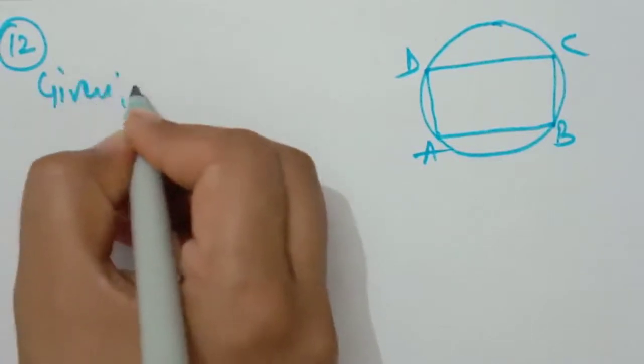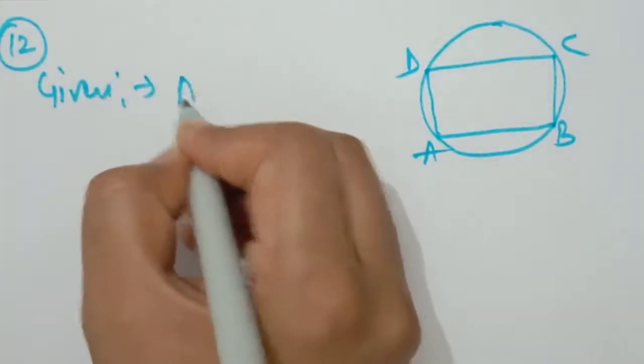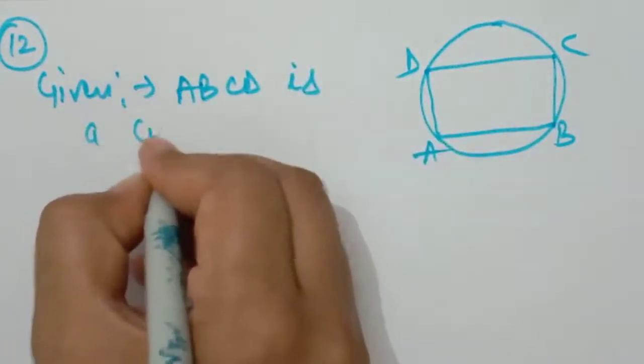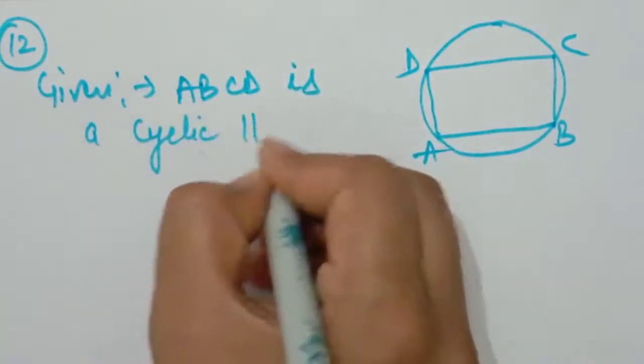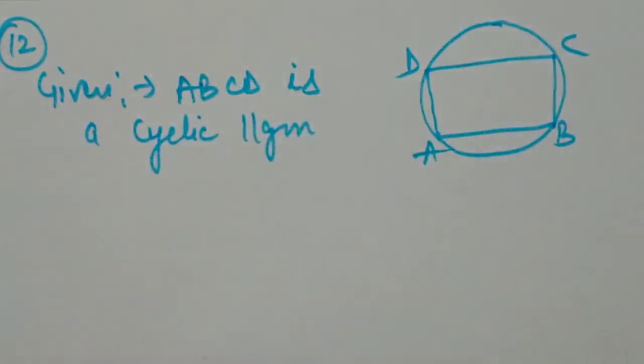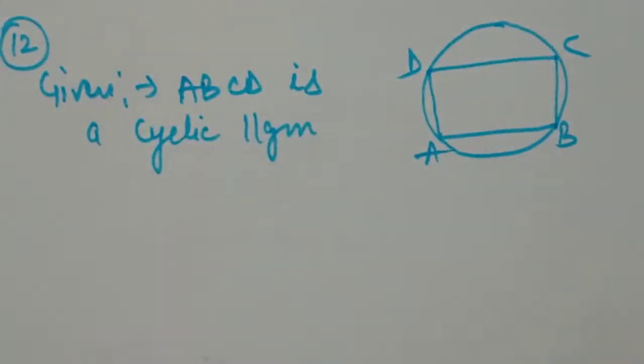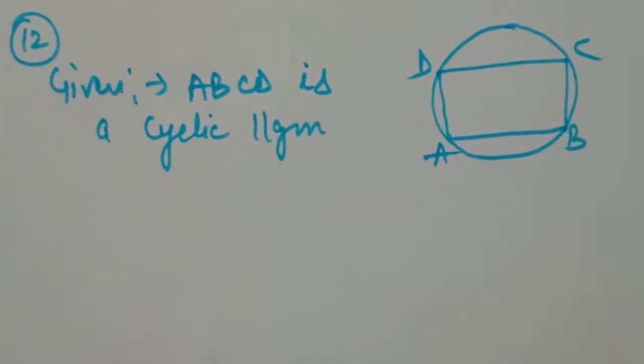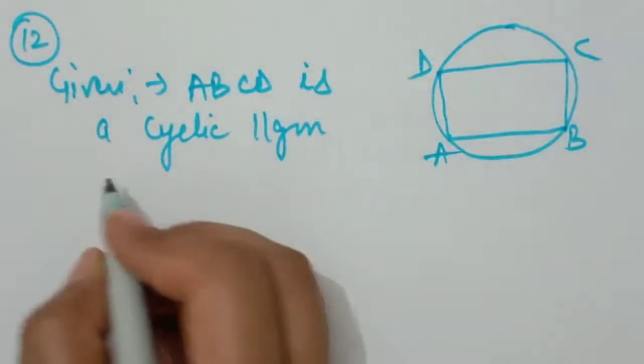First of all, ABCD is a cyclic parallelogram. First, we know very well the parallelogram conditions that opposite sides are equal and parallel, opposite angles are equal, and we also know the cyclic condition that the sum of opposite angles is 180 degrees.